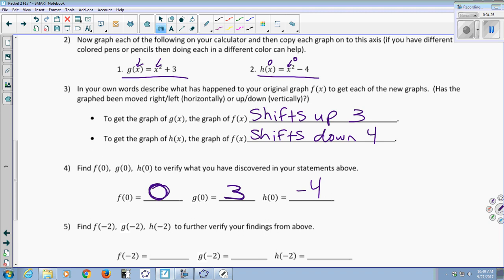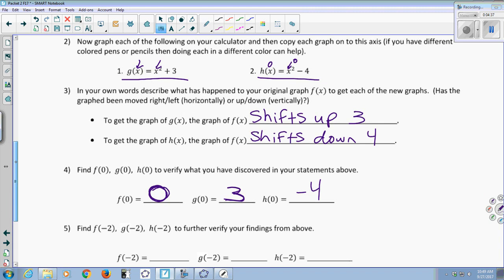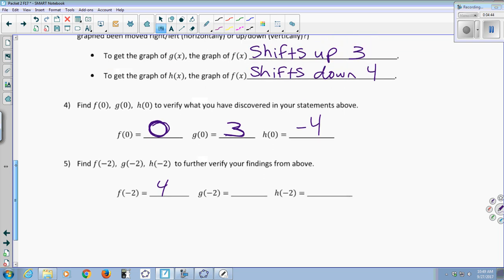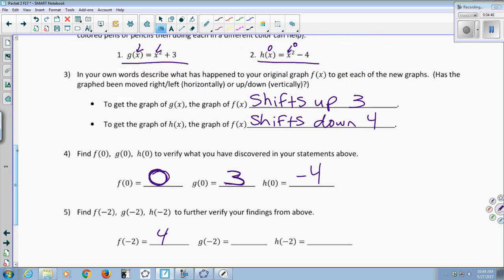Okay, we're going to check one more x value. Instead of 0, I'm going to check negative 2. Plug negative 2 into everything and make sure we have this shifting by 3 and by 4 relationship. So if I plug a negative 2 into f of x, which is x squared, then I get 4. Negative 2 squared is 4. If I put negative 2 into the g formula, I get 4 plus 3 is 7.